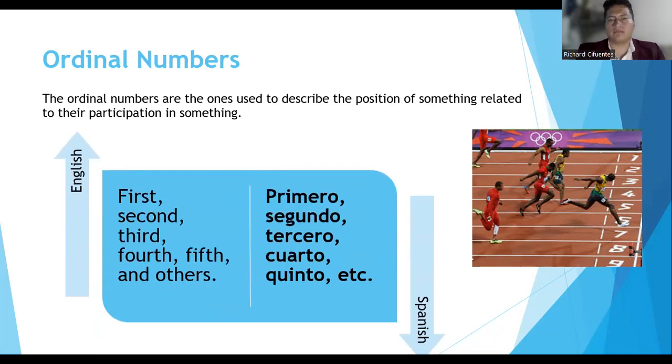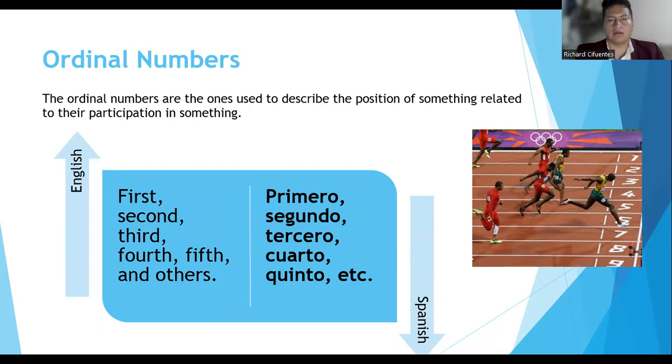So we can find first, second, third, fourth, fifth, and others. In English and in Spanish: primero, segundo, tercero, cuarto, quinto. Those are related, but talking about the position.